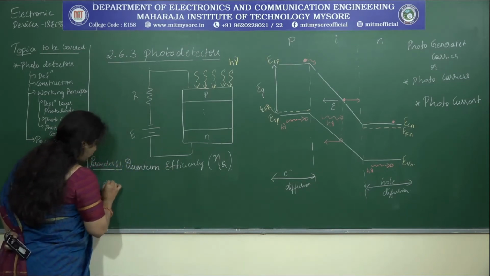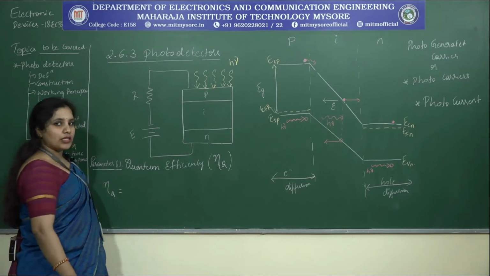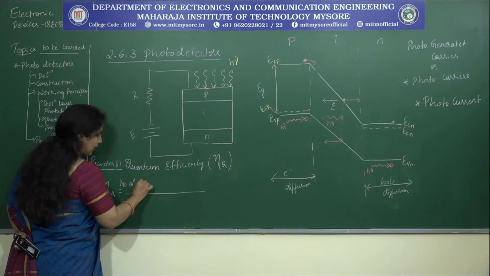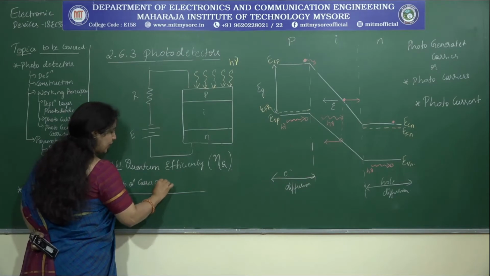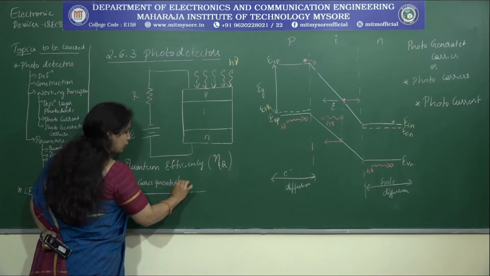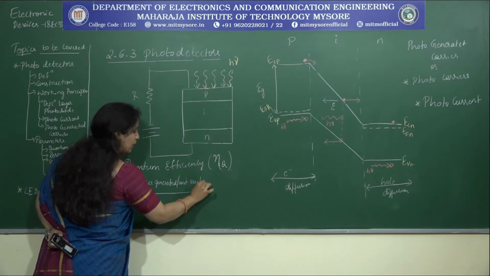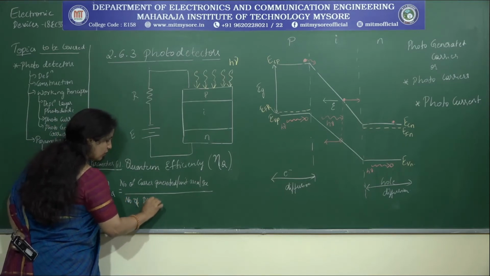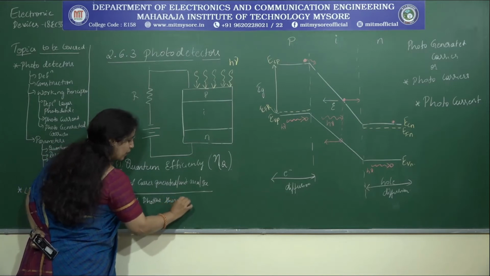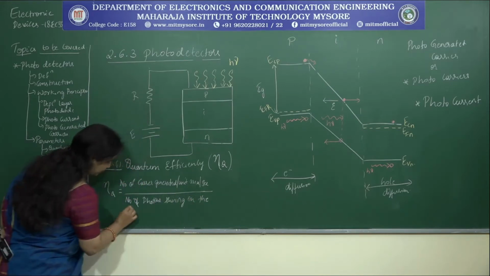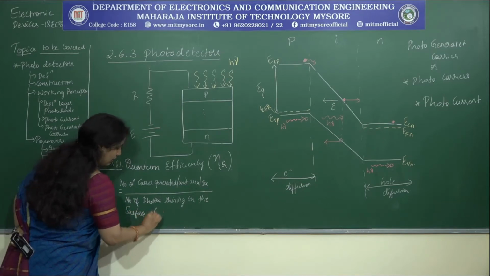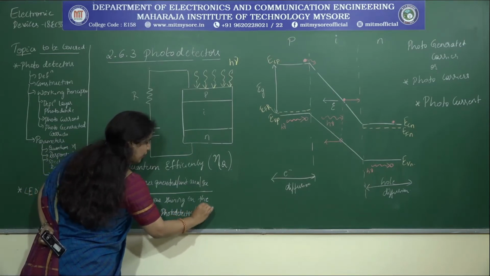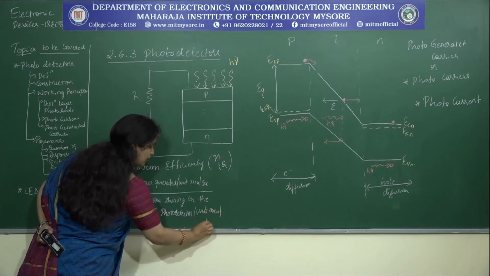So, the quantum efficiency is given by the ratio of the number of carriers generated per unit area per second to the number of photons shining on the surface of the photodetector per unit area per second.